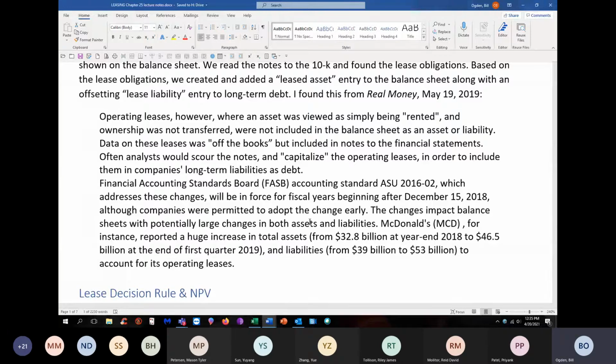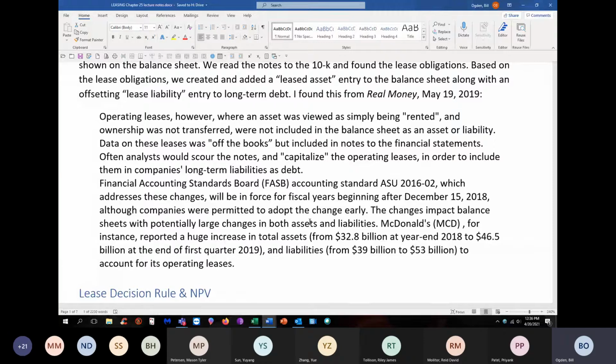So we value a bond as the present value of all the payments the bond will make. In the same way, we capitalize or create a capital liability associated with the lease payments. Right? And then again, we offset it on the left side of the balance sheet with something we call the leased asset. Okay.